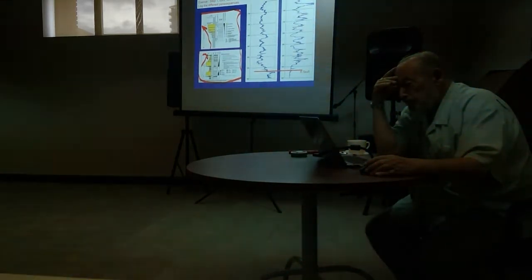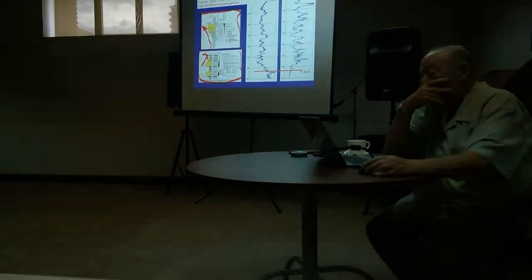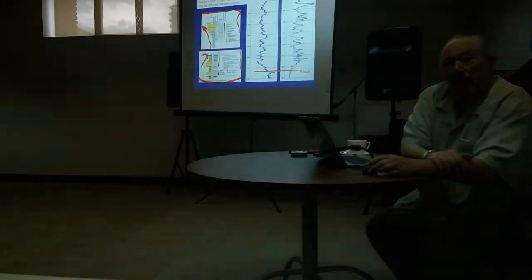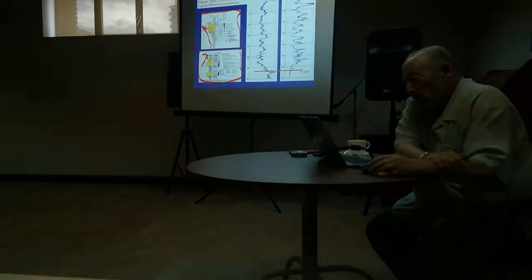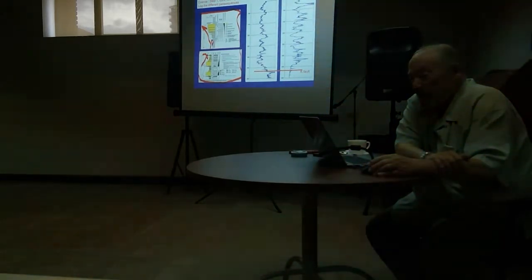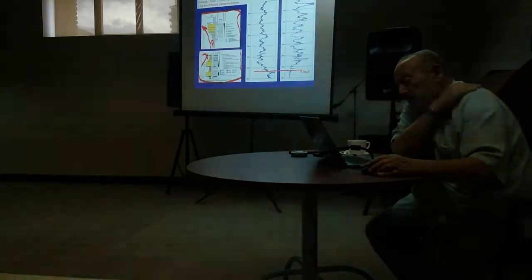Well, we could put this in terms of change in sea level over time. What's happening here, you start out at the bottom. Remember, geologists always look at things from the bottom to the top, the way they're deposited.